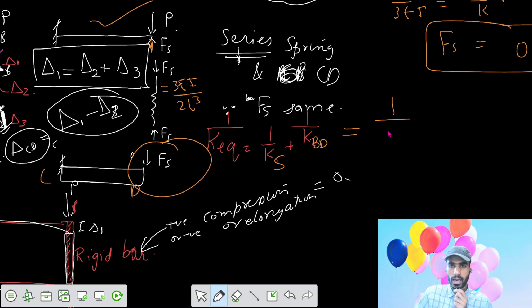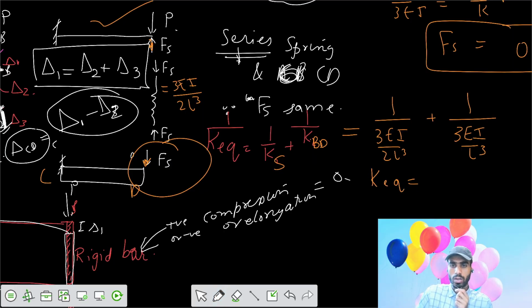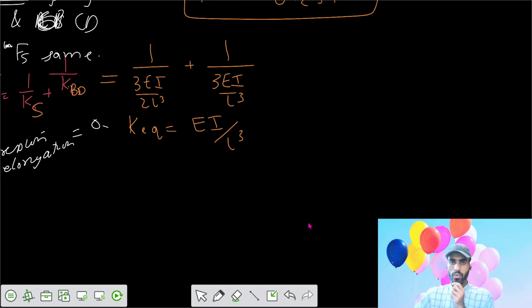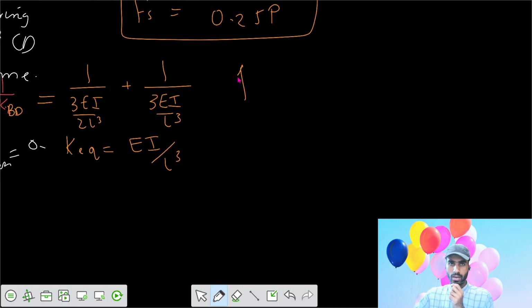So we can write 1 by K equivalent equals 1 by (3EI by 2L cube) plus the stiffness of the beam. We know that the stiffness of a beam subjected to a point load at the end of the span is 3EI upon L cube. So K equivalent comes out to be EI by L cube.